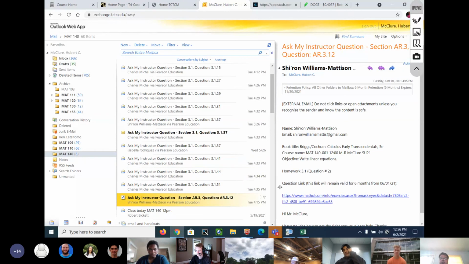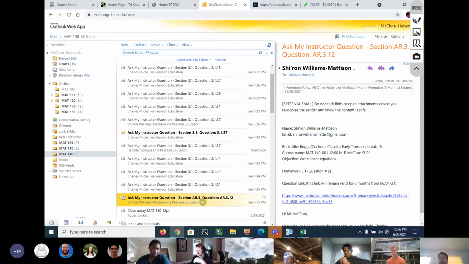Okay, here's one that says, this is AR. I don't know what AR means. Does anybody know what AR means? Is this out of this section or is this in another set? 3.1 says AR. Yeah, that one was from 3.1.